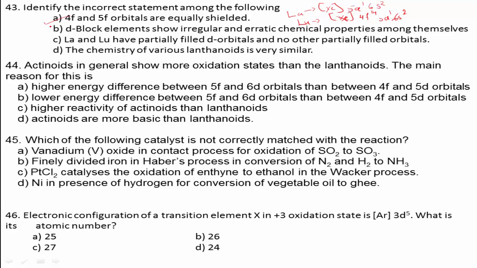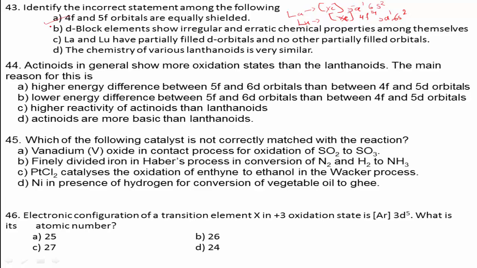Students, because of the lesser energy difference between 5f and 6d orbitals than that between 4f and 5d orbitals, actinoids exhibit a larger number of oxidation states than the corresponding lanthanides. There is no large energy difference for pulling out the electrons in the case of actinoids.